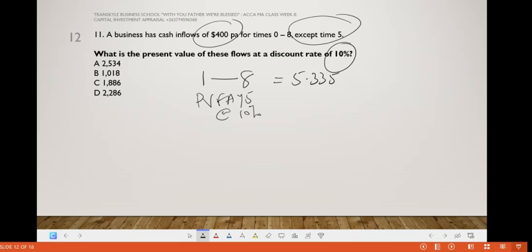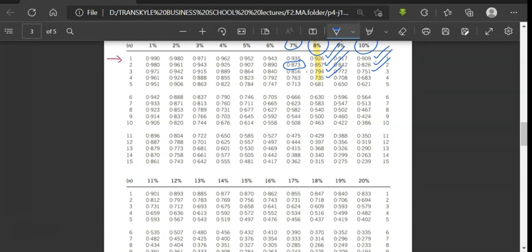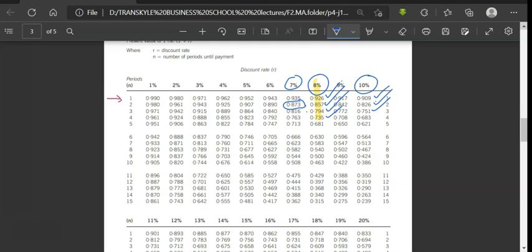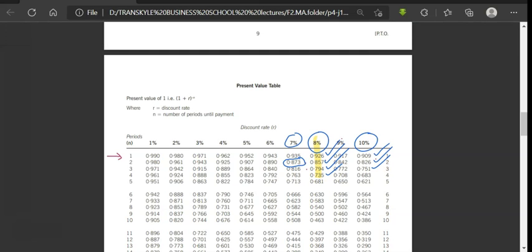We go to the PV tables. 10%, 5 years, this should be 0.621.